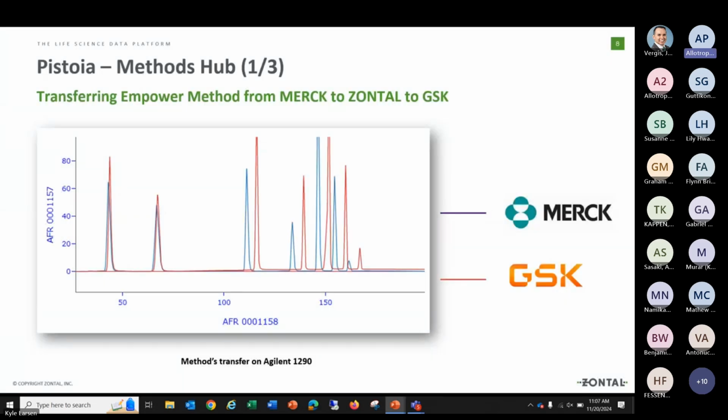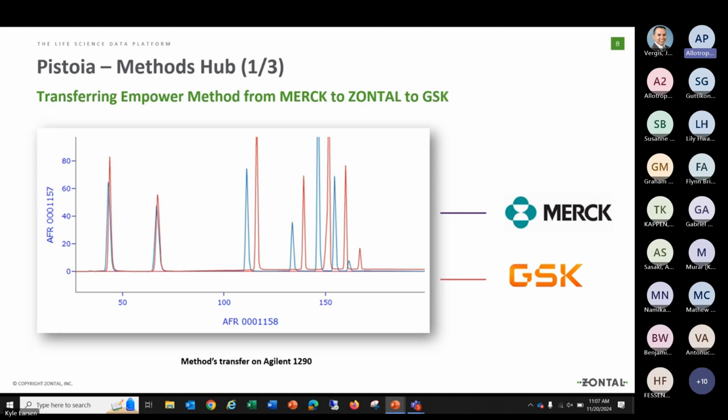So just to quickly go through that, this is an entire Pistoia Alliance project. And so Merck and GSK said, okay, we would like to transfer the methods and see what's happening. That was the first thing that they did. From Agilent to Agilent, from Merck to GSK, that worked pretty well.